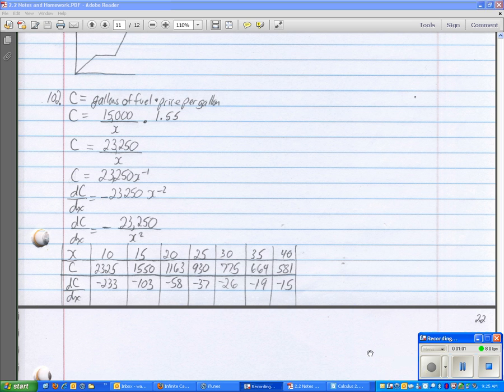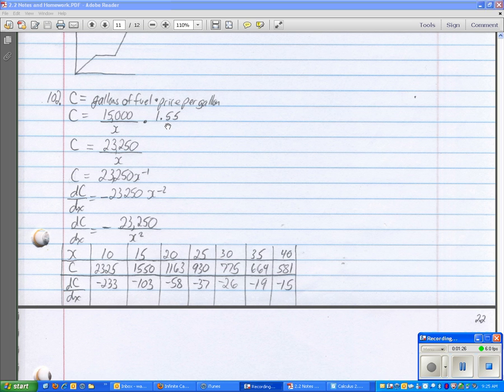So, our function is for the cost. The cost is going to be how much gas you buy times the price, so gallons of fuel times price per gallon. They tell us the price per gallon, $1.55.